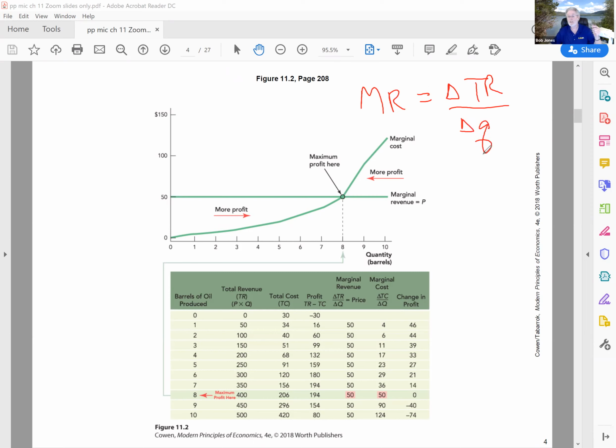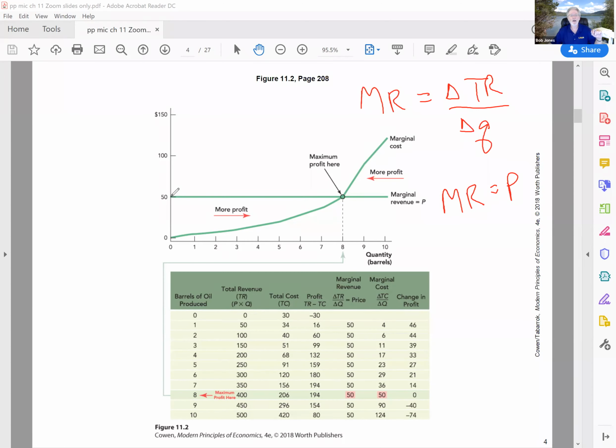That's the definition of marginal revenue. However, for a price taker firm, we can also say that marginal revenue will be equal to the price. And that's just because the price taker doesn't have to lower his price to sell more.